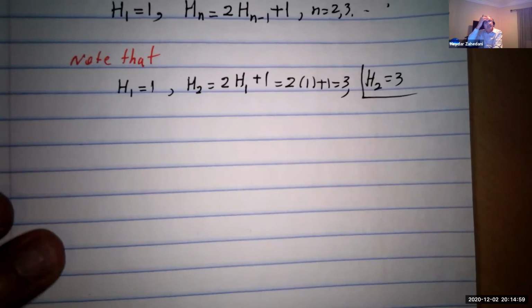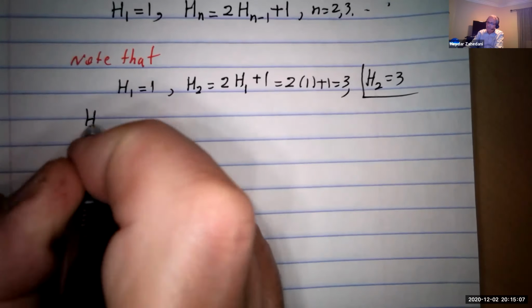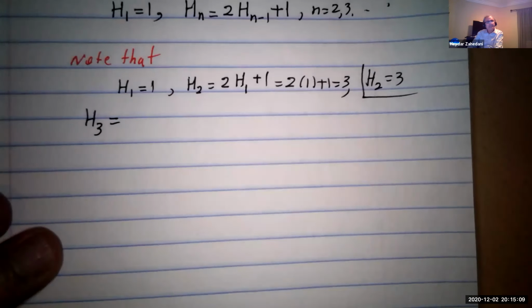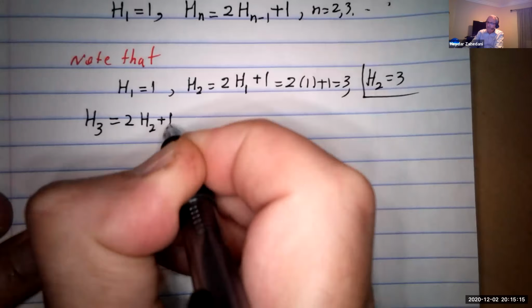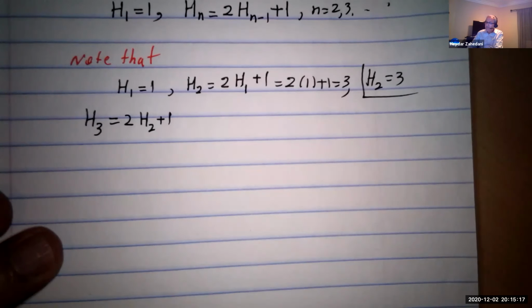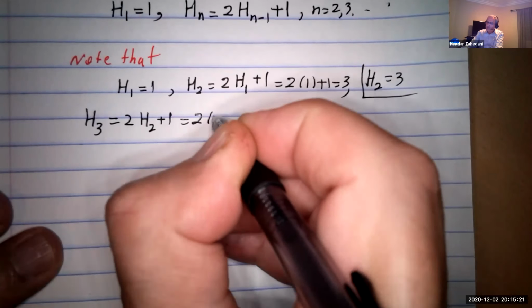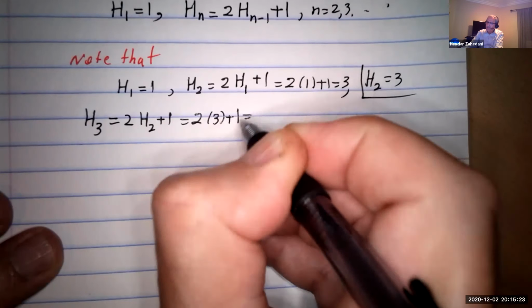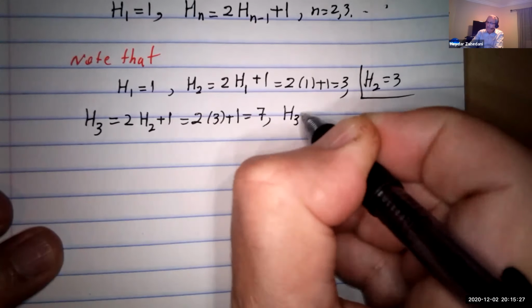H_1 is 1, H_2 is 3. Are you ready for H_3? H_3 is going to be 2H_2 plus 1. H_2 is 3, so it's going to be 2 times 3 plus 1, which is 6 and 1, 7. So H_3 is 7.